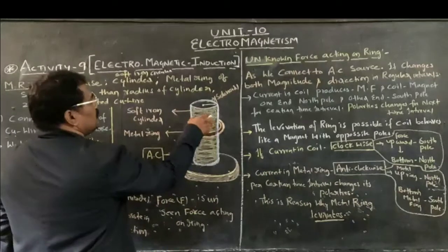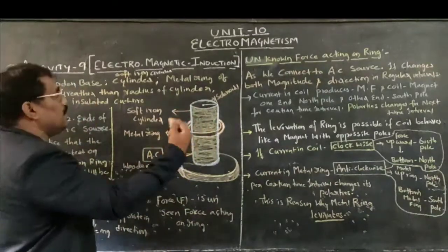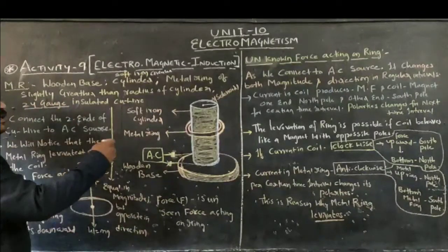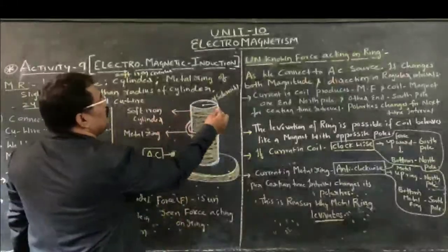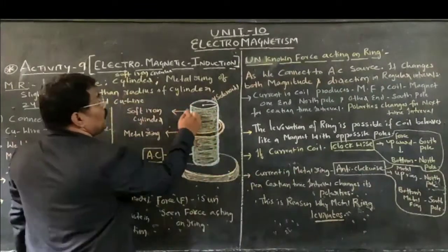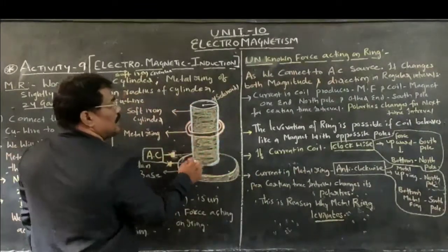Then take an insulated copper wire of 24 gauge of a certain length and wind it nicely and continuously on the soft iron cylinder.